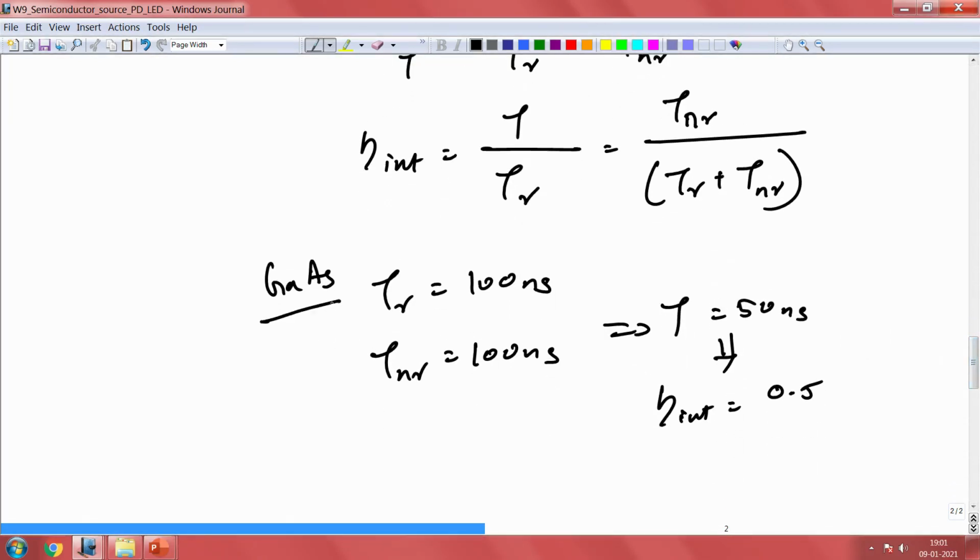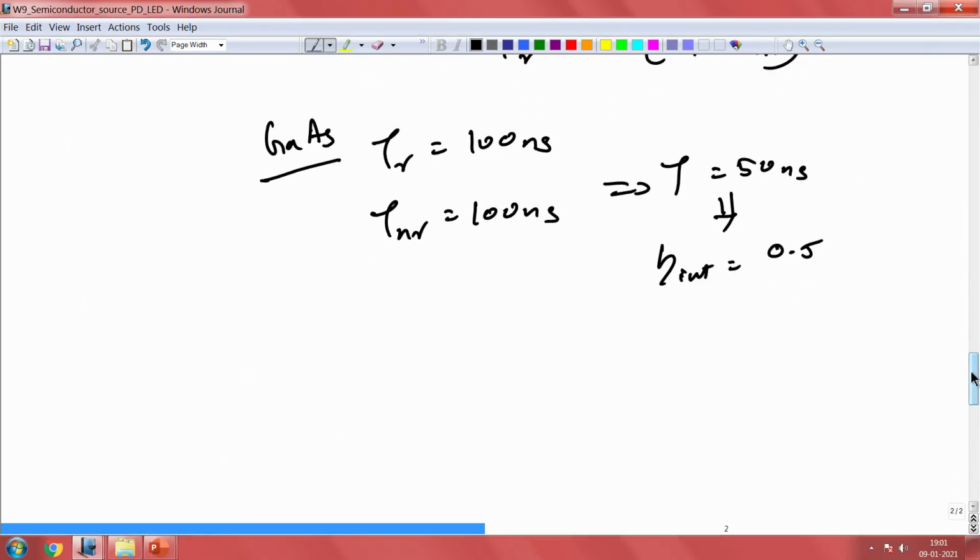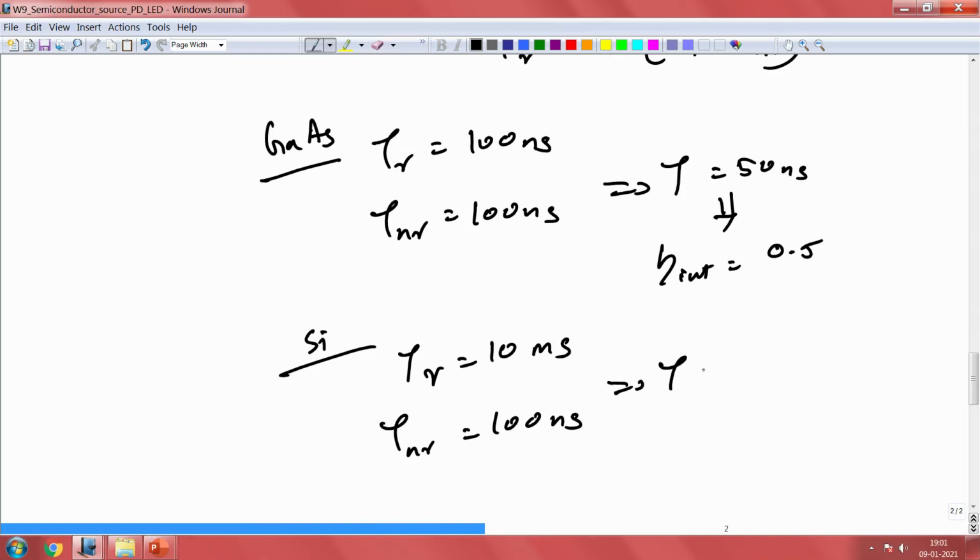All right. So, the radiative recombination lifetime is very important to get a good quantum efficiency. For example, if you take silicon, your radiative recombination rate is in milliseconds, while your non-radiative recombination is in nanoseconds, right. So, this would result in a total recombination lifetime in terms of nanoseconds, right.